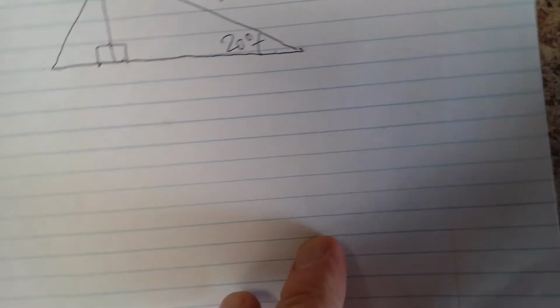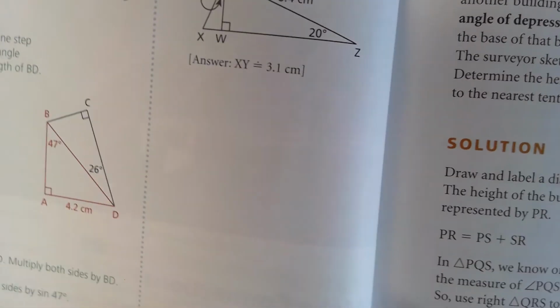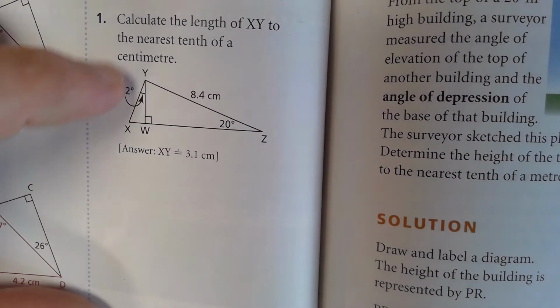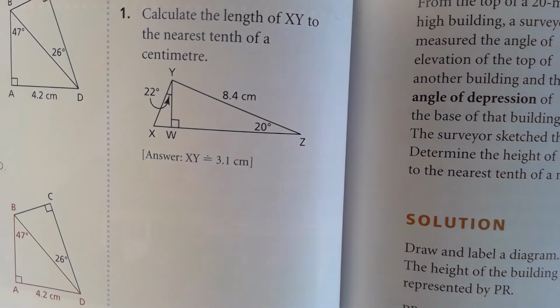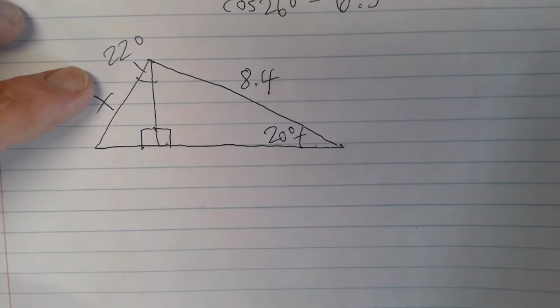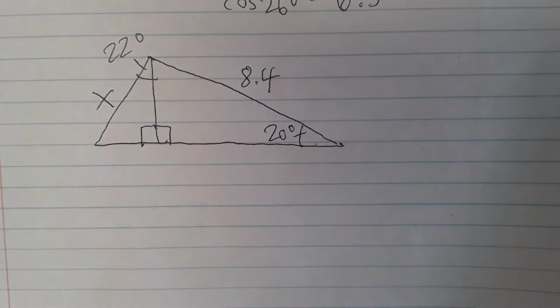It says calculate the length of xy. Now let's have a look at what xy is in the diagram. That's here. The slanted side of the small triangle, the hypotenuse. So our goal is to find the length of this side.